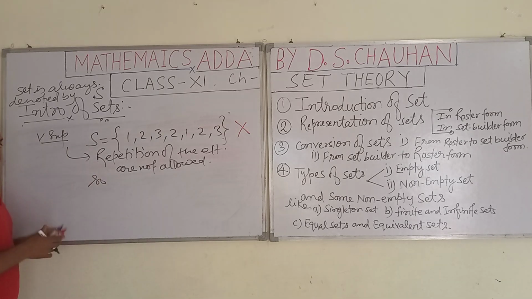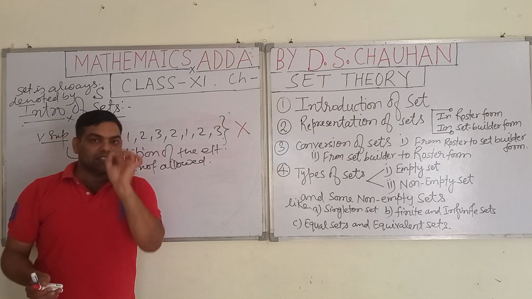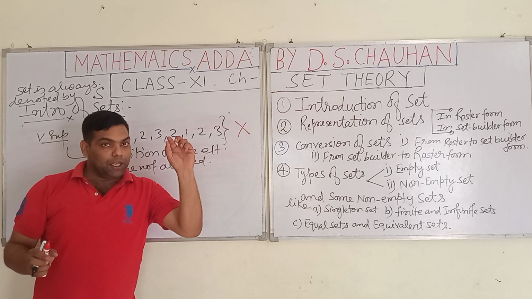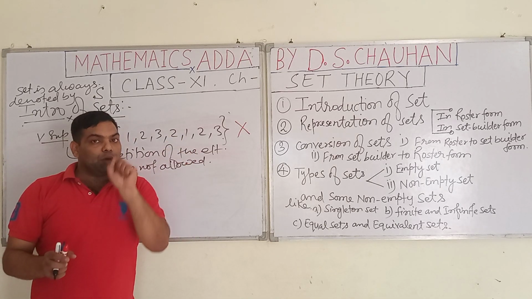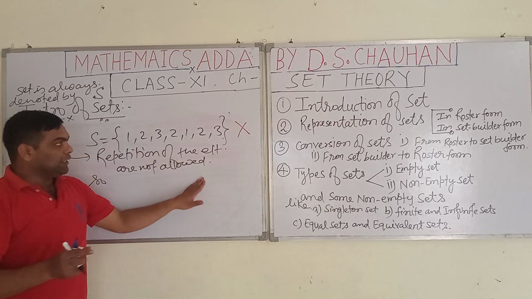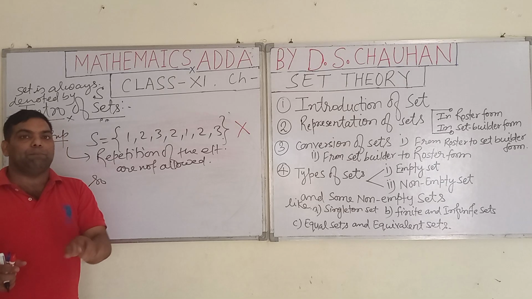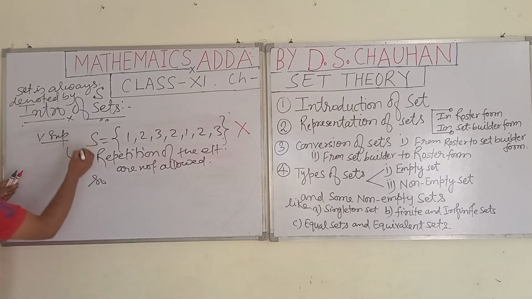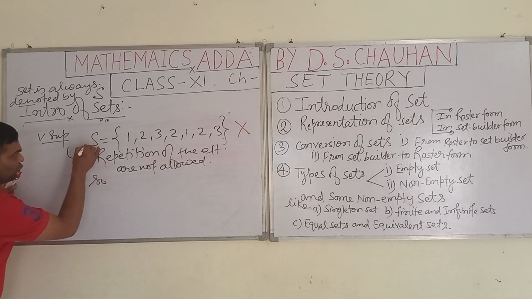So, whenever we are writing a set, we will write an entry only one time, and one thing, no element must be left out. Whatever the elements are involved, they must be there, but their presence must be only one time. So what will be the right way of writing this set?